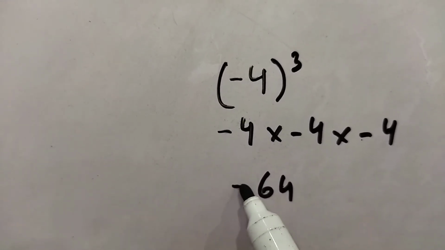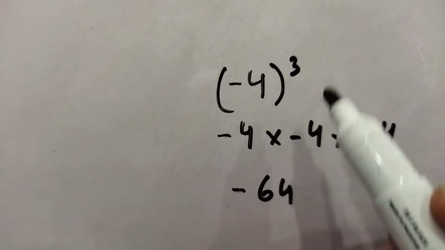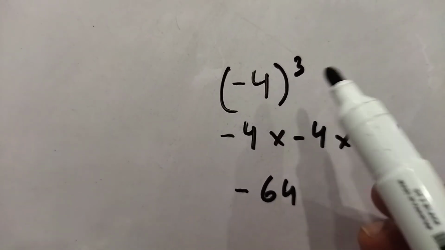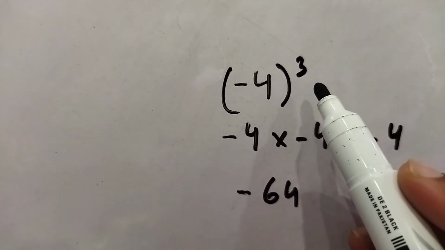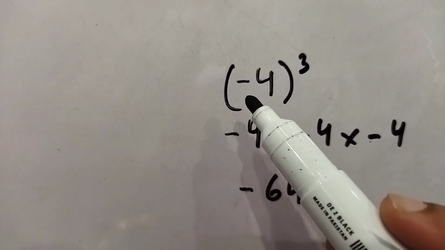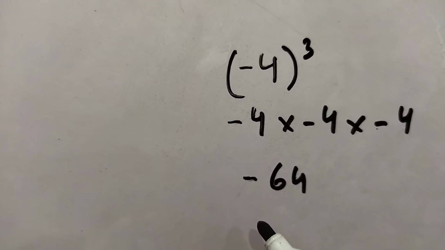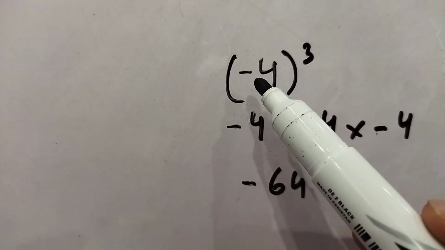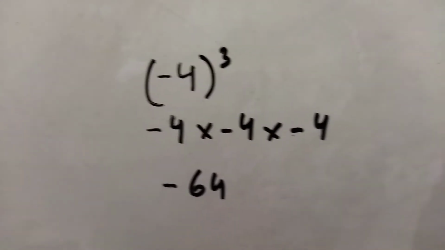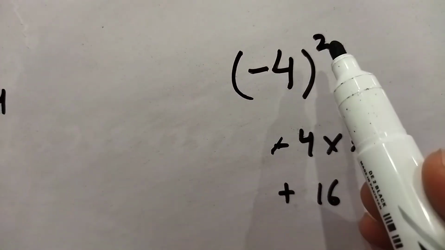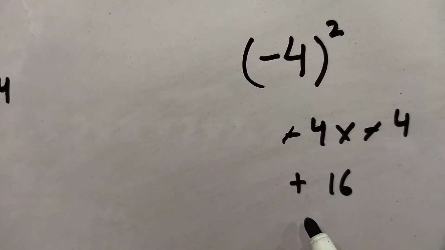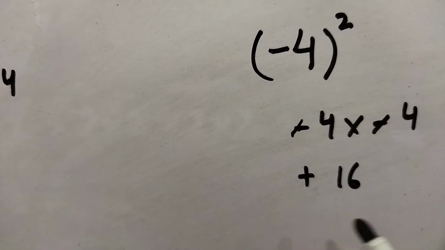So the answer is again negative. So whenever we have a power that is odd and we have a base which is negative, it will remain negative. Understand? But if we have a negative base with an even power, it will turn to a positive integer. Remember this thing.